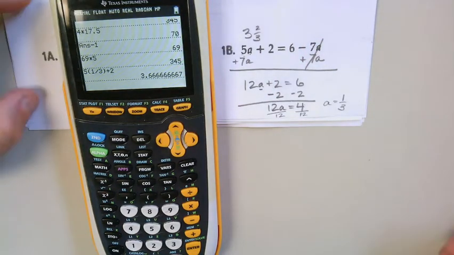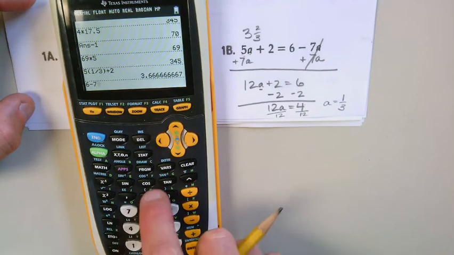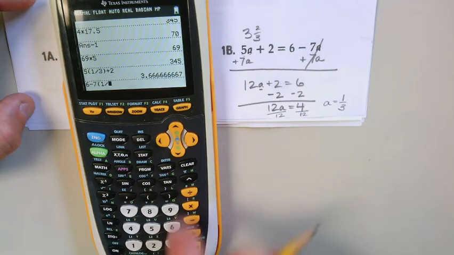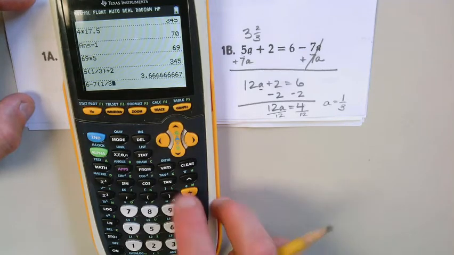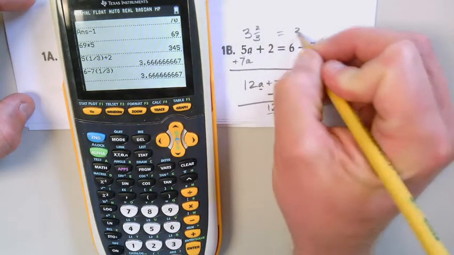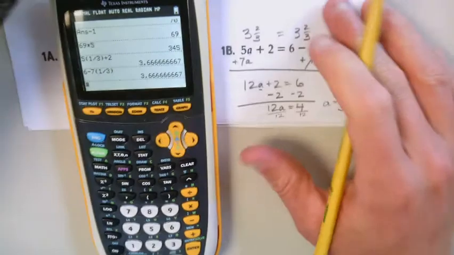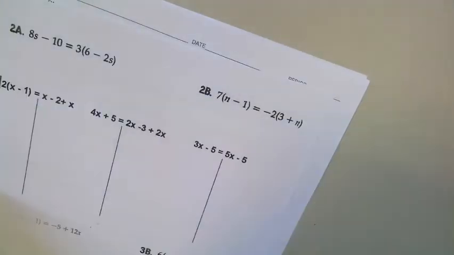The other one is going to be 6 minus 7 times 1/3, 1 divided by 3. And there we go. We get the exact same thing, 3 2/3. So get in the habit of checking your work, plugging things back in, making sure everything is correct.